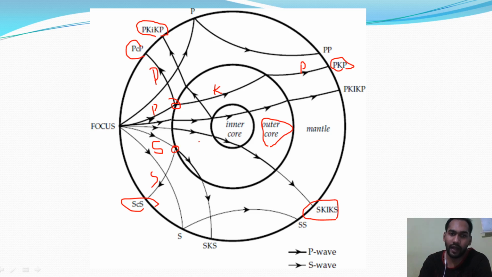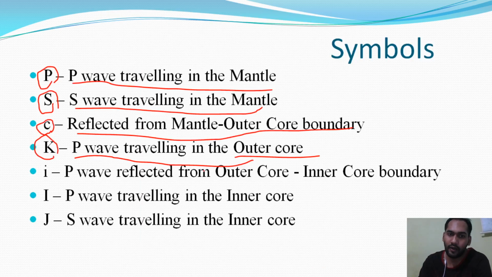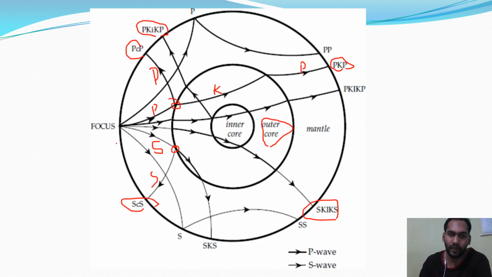So S wave cannot travel through the outer core. You can see there is no symbol representing S wave traveling in the outer core, because S wave is absent in the outer core. If it travels in the outer core, it will be converted to P. Here it is converted to P.